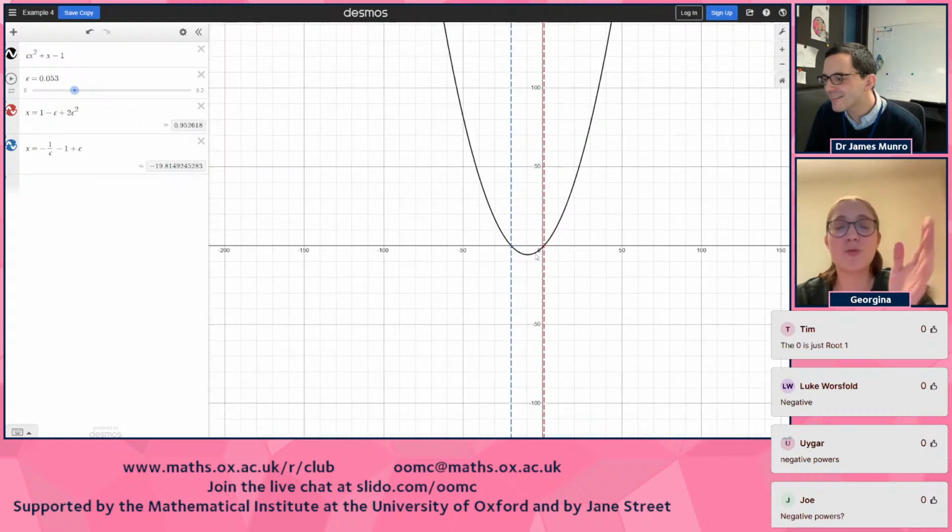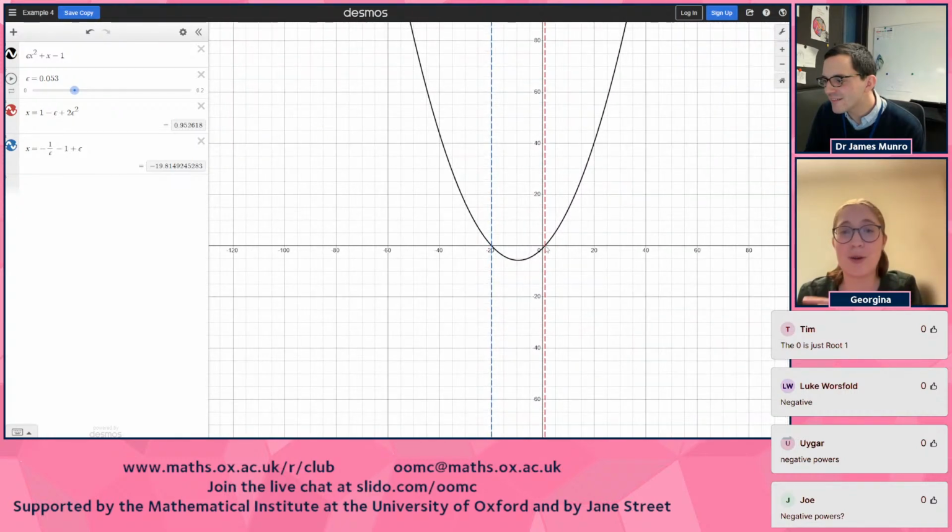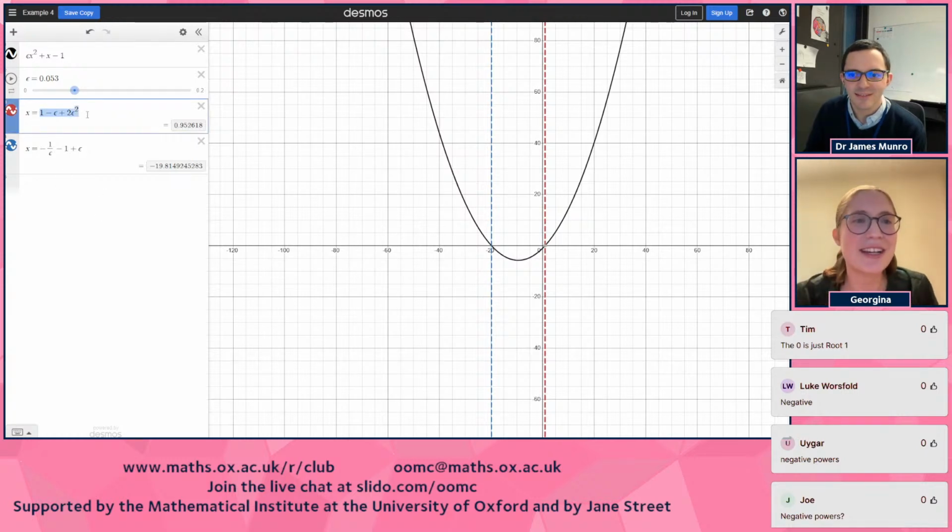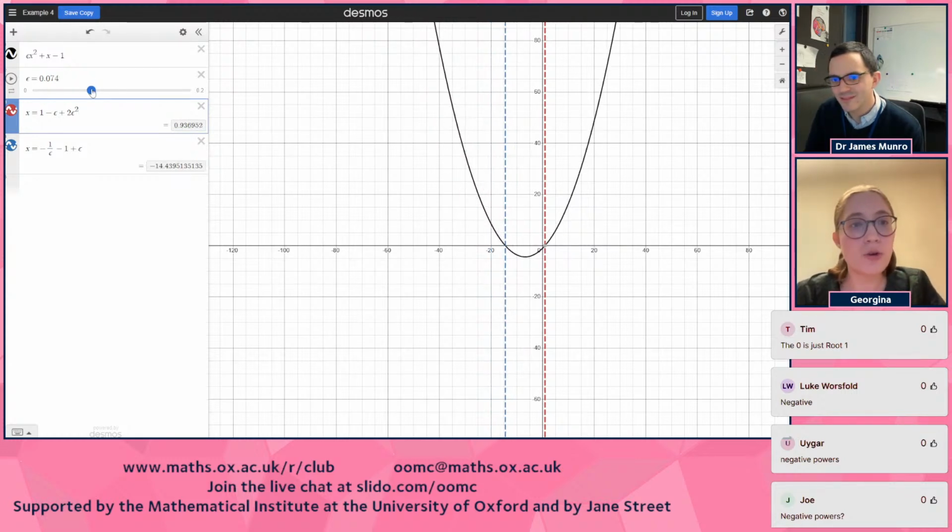We have in red our first solution that we figured out with our standard series, so just a plus b epsilon plus c epsilon squared. That solution we're plotting as a vertical line. And then in blue, we have this one for the root going out to -infinity that we've just calculated.